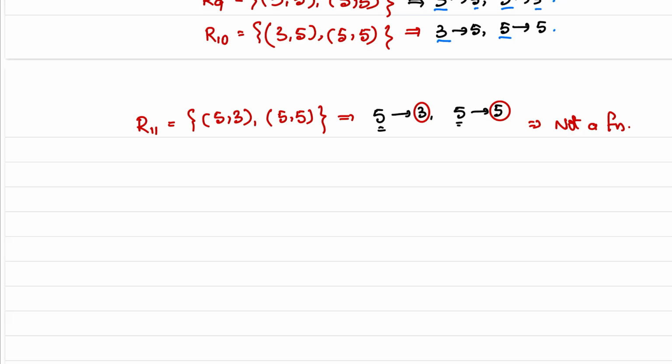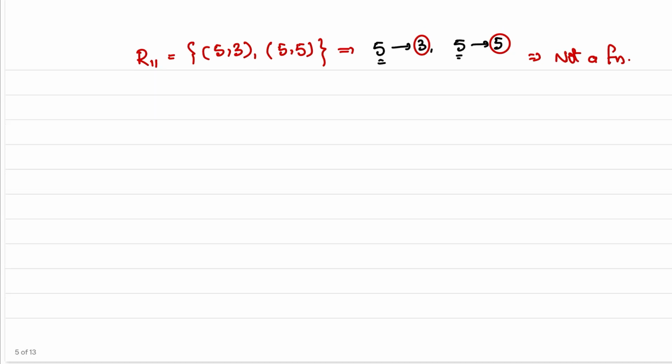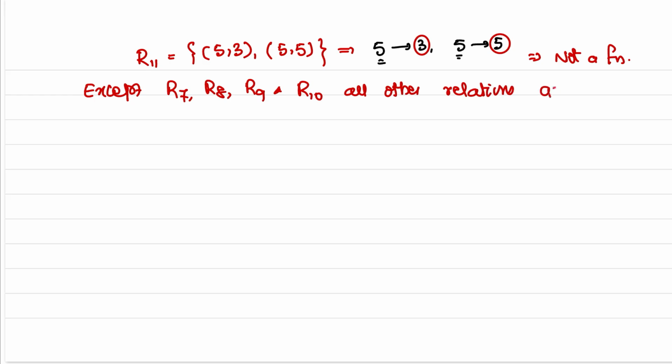If you see other combinations, except for R7, R8, R9 and R10, all other relations are not functions.